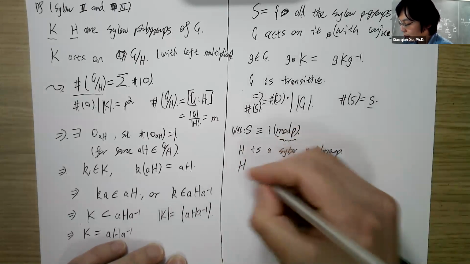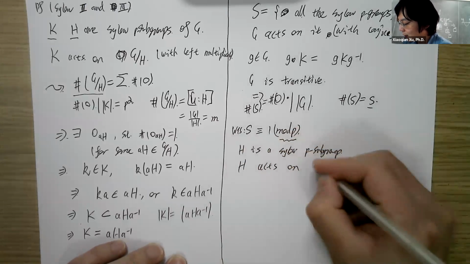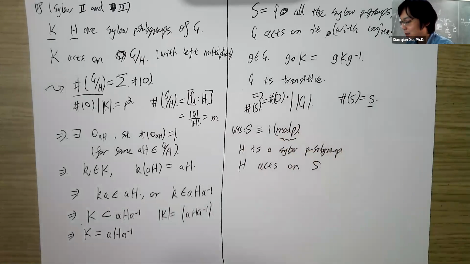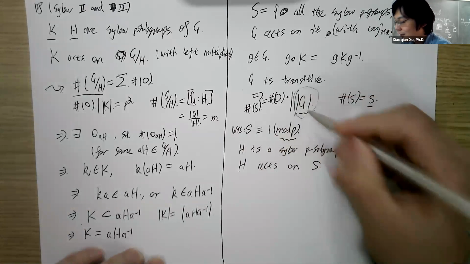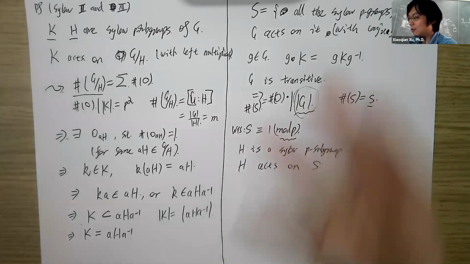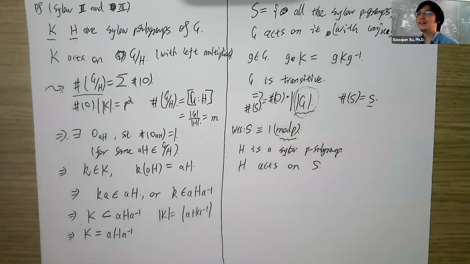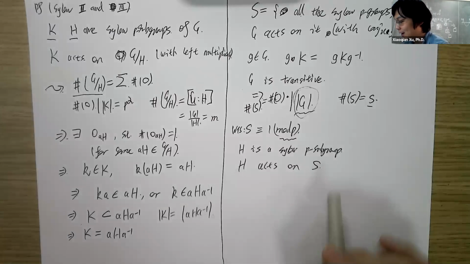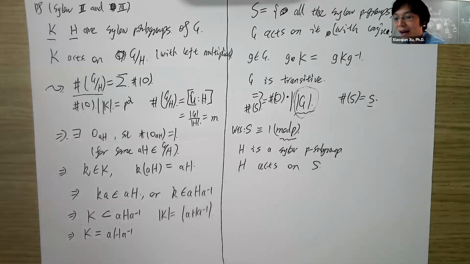Let's try to use H acting on S. The reason we would like to do it like this is because we want to consider the mod P property. So we want the group acting on our set to be something like order P to some power, which is why we choose the Sylow P subgroups to act on S and see what happens. Okay?